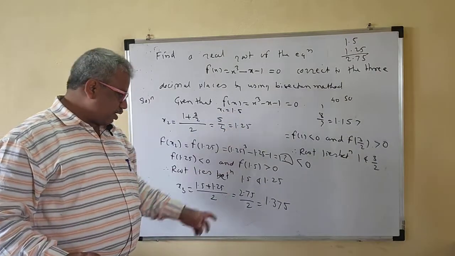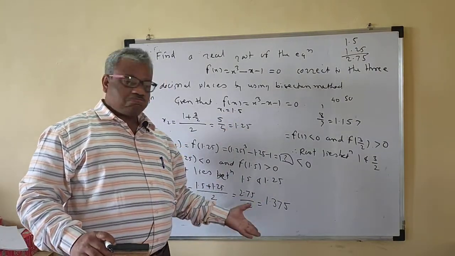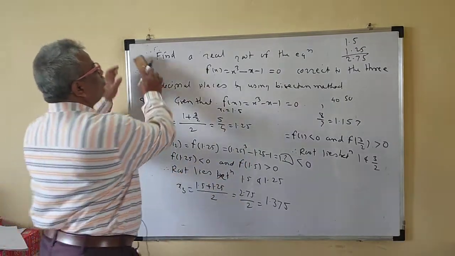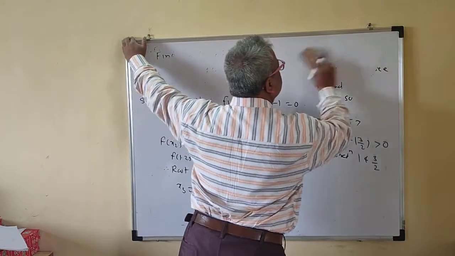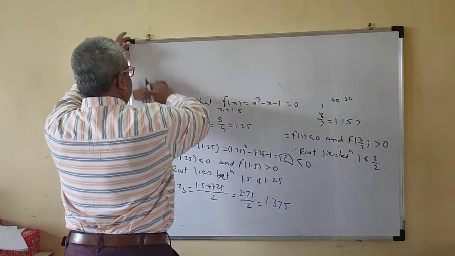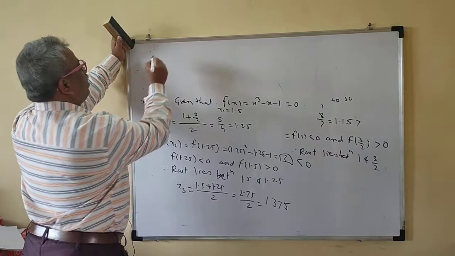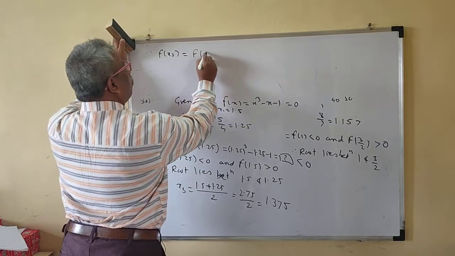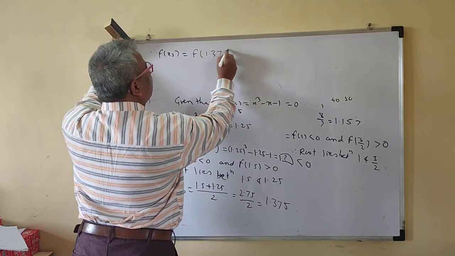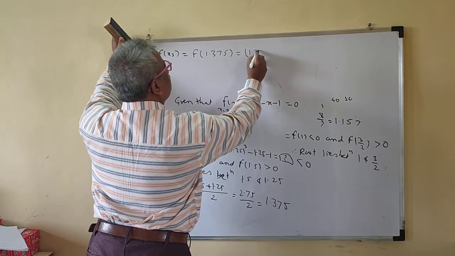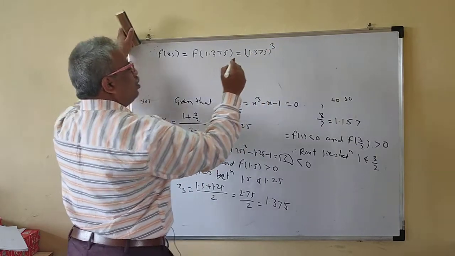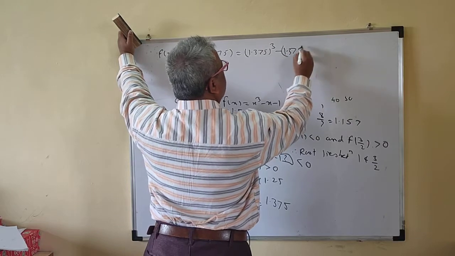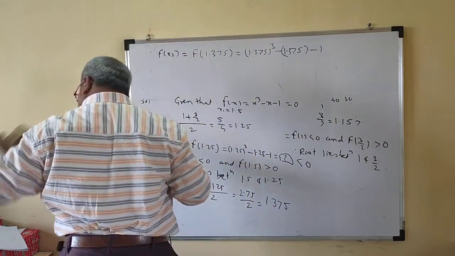Now here 1.5, 1.25, then 1.375, so they have not converged yet. You have to do the iterations. So f of x3, that is f of 1.375, is 1.375 cube minus 1.375 minus 1. Find this value.